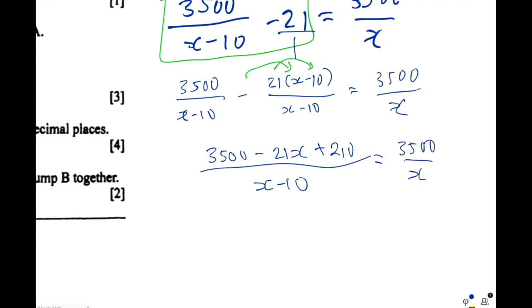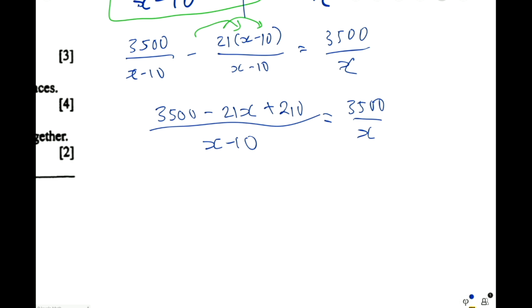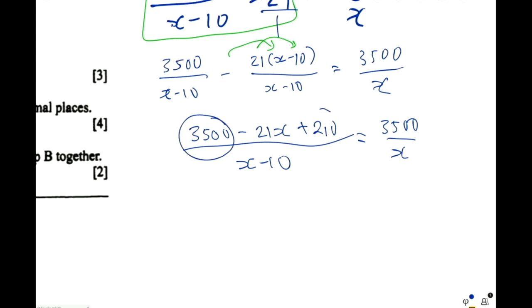Okay, so the next step, because I have a fraction equal to a fraction, the next step is to just cross multiply. So I'm gonna just cross multiply. So 3500 plus 210 will be 3710.